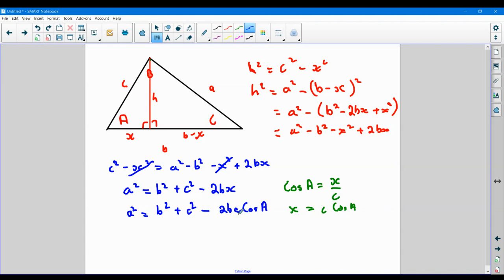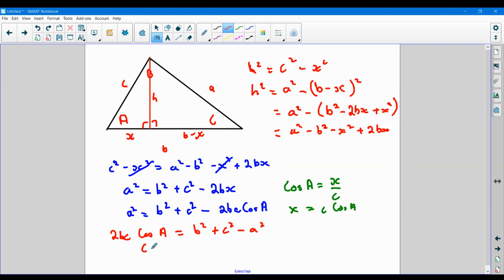And what I can do with this formula here is that it gives me the missing side in a non-right angled triangle. What I'm going to do is develop that a little bit further, and rearrange it so it looks like 2bc cos A equals b squared plus c squared minus a squared.